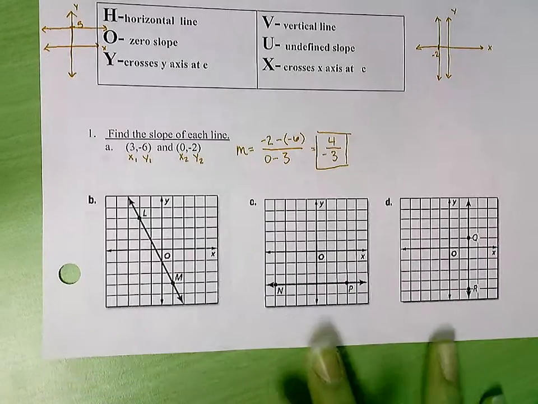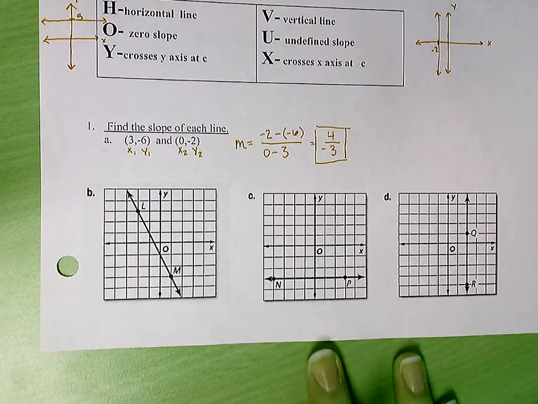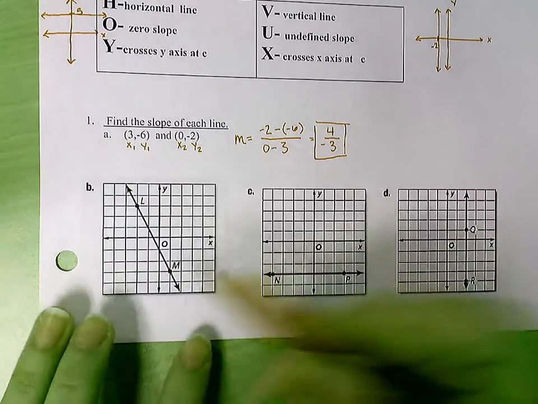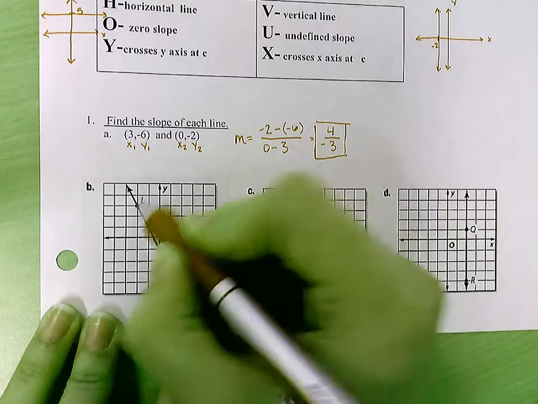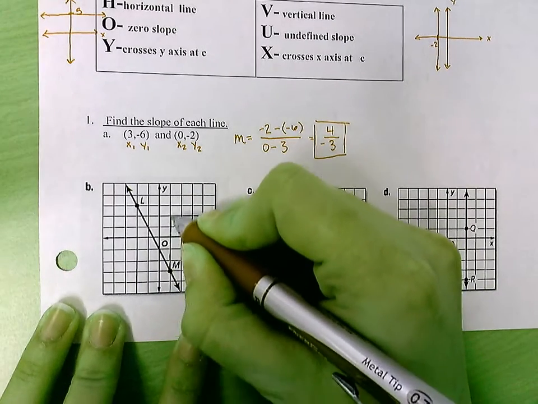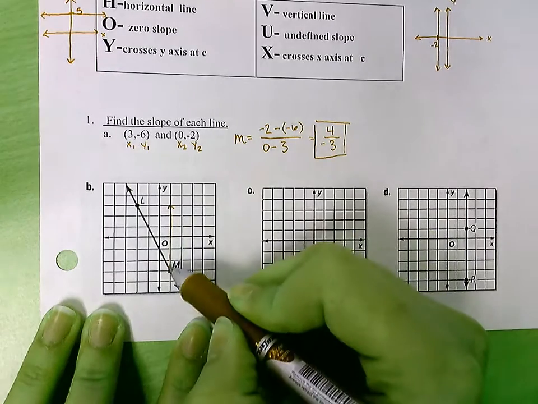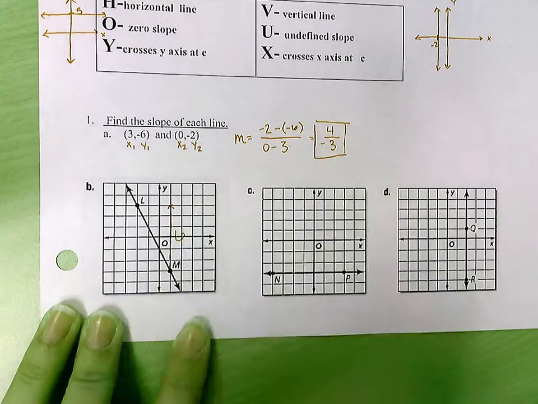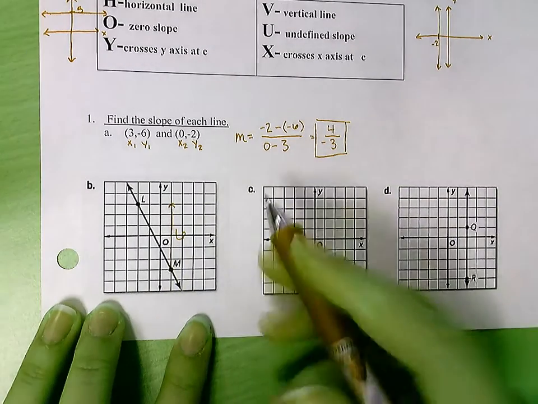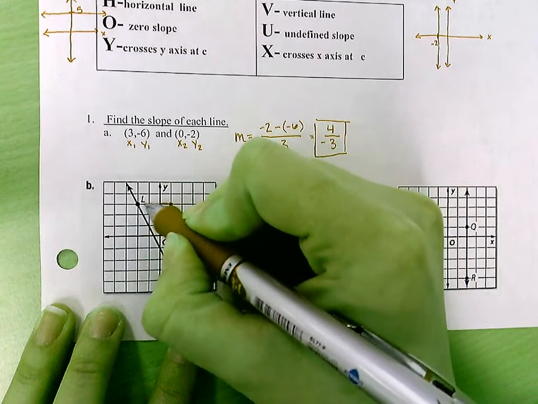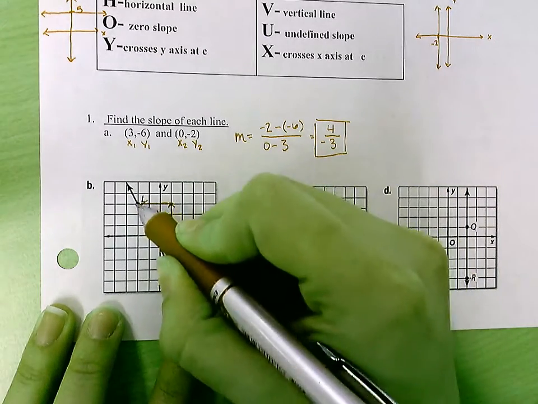Now in the next ones, I'm given a graph. On the graph, you can count between your points. You want the rise over the run. In letter B, we're going between point M and point L. We rise first, so count those: 1, 2, 3, 4, 5, 6. I'm rising 6. Over your run from that point, going this way, 1, 2, 3.